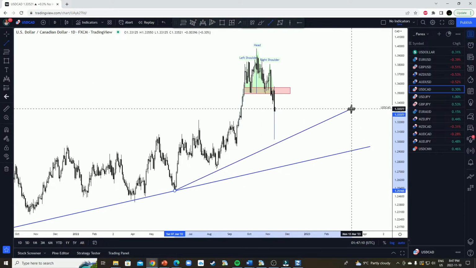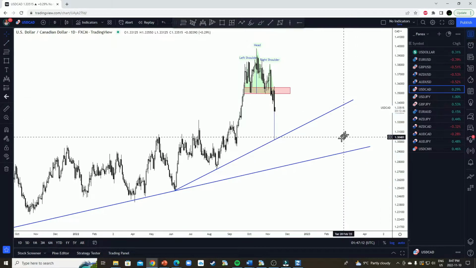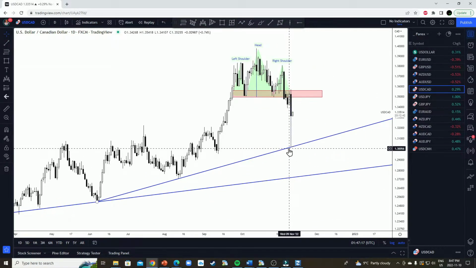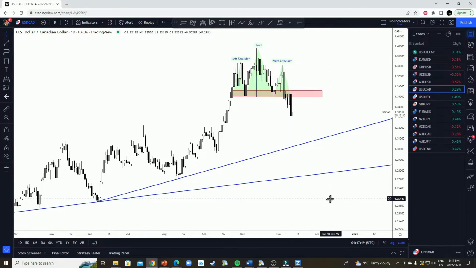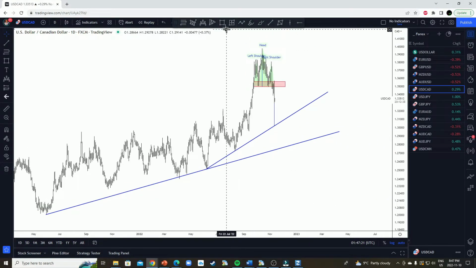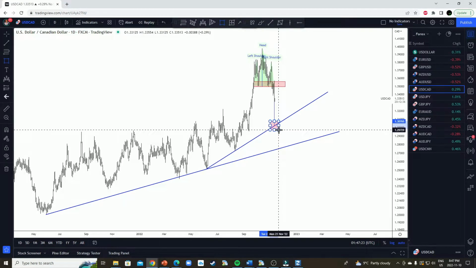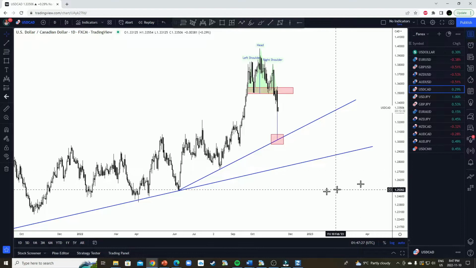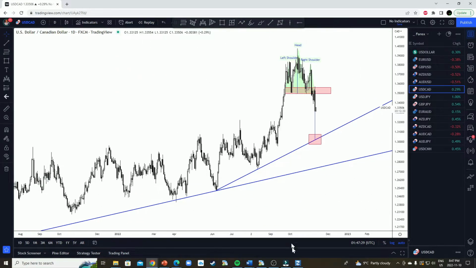And there's another one here, which is a bit accelerated, which incidentally matches this target perfectly. So I think that this zone over here is going to be where I need to take some money off the table on USD Canadian.